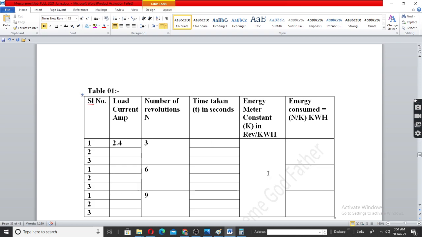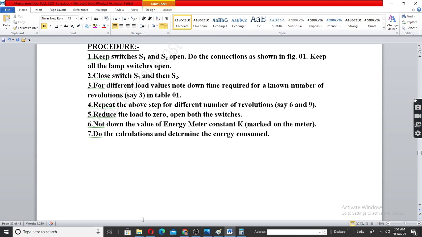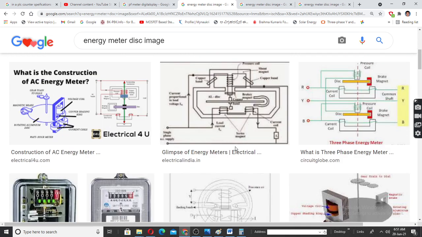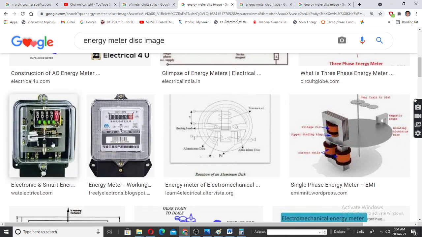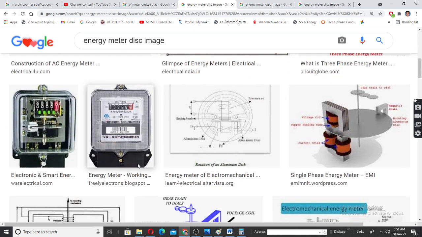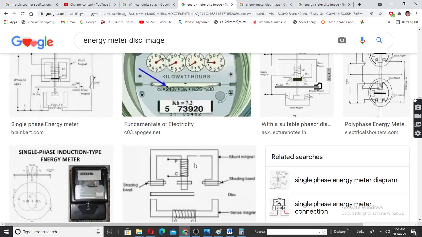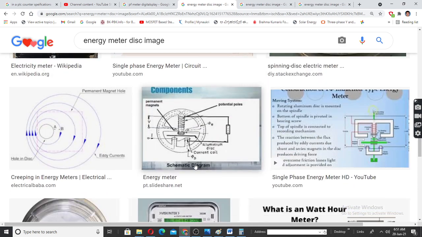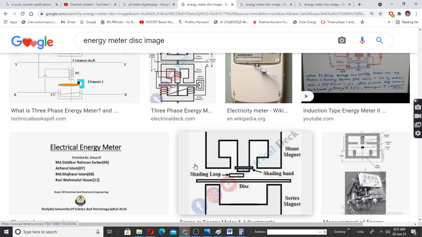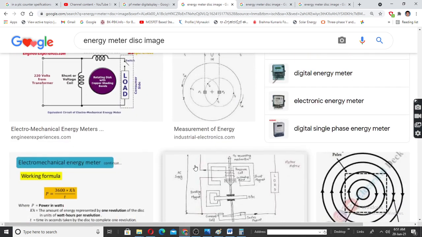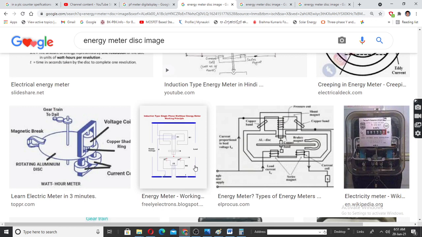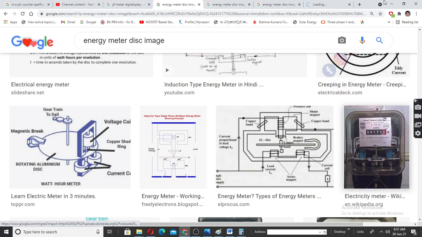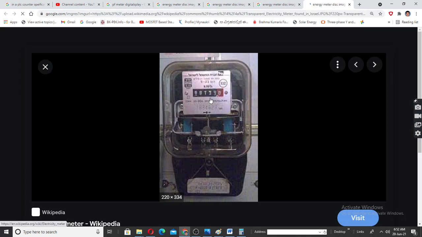Now, in the disk there will be a mark, a red mark or black mark. While it rotates, you can notice that mark. That mark should be considered as the reference, so that you can count the number of revolutions.